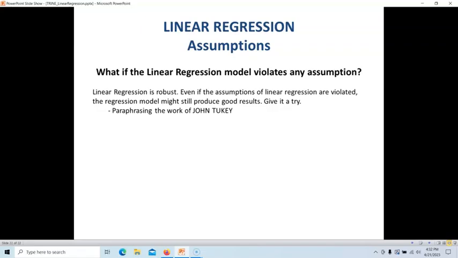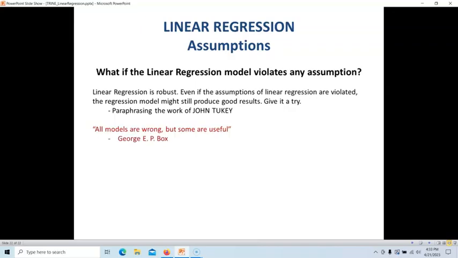He has a famous quote where he says that linear regression, what we're talking about here, is very robust. Even if you fail the assumptions, the regression model still might work to give you good results. In other words, give it a try. Basically, what John Tukey is saying is, look, even if the model violates some assumptions, you can still make money if you use it.